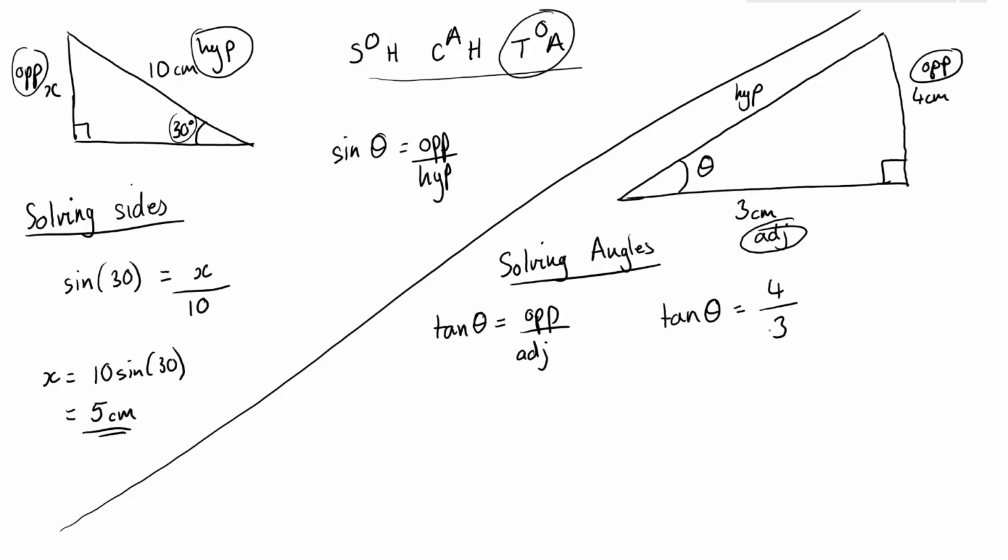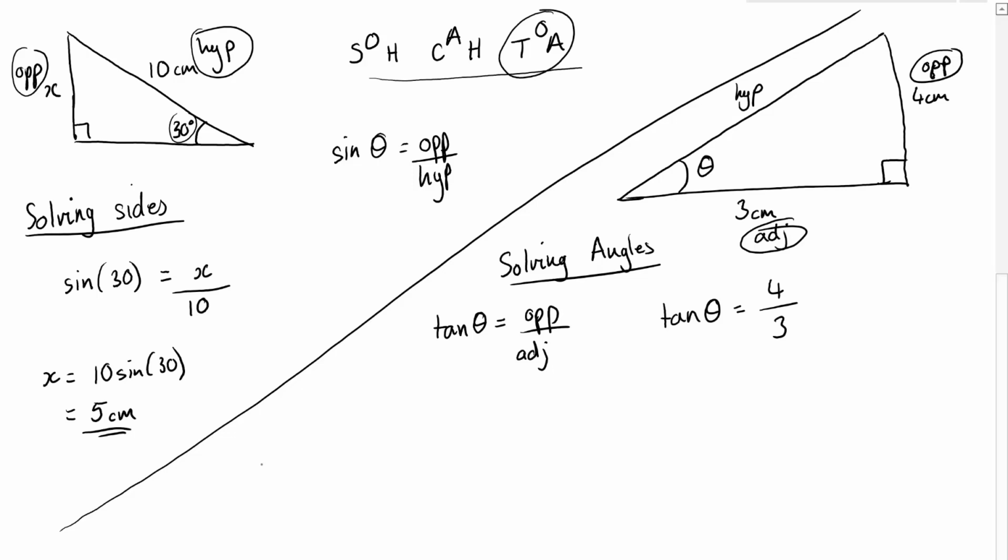And the way we did the solving sides is we rearranged to make theta the subject of the formula. Rearranging for theta in this case is going to involve us performing an inverse function. So if you remember when we are rearranging equations, if we have a multiply on one side, it becomes a divide on the other side. In this case, not only do we have the functions of sine, cosine, and tan, but we also have the inverse functions of those.